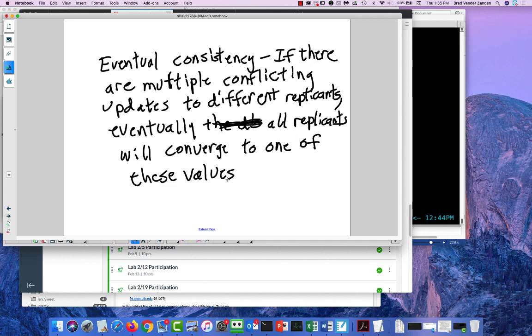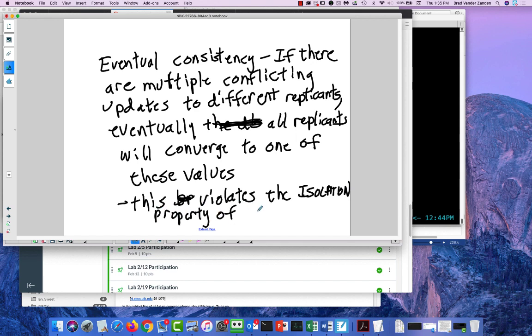What does this mean? We just punted isolation. This violates the isolation property of ACID.